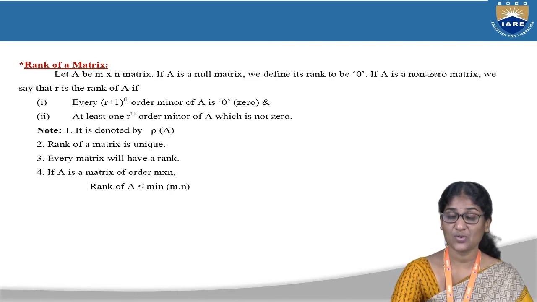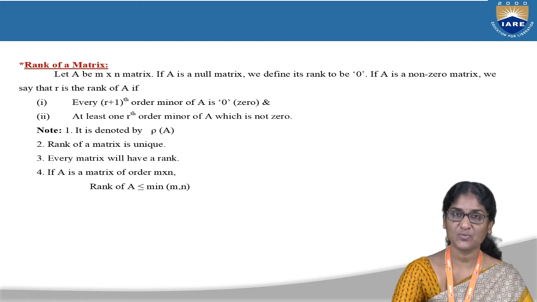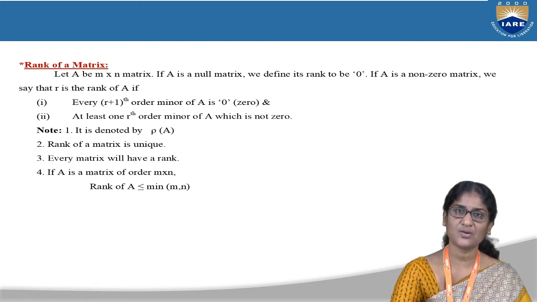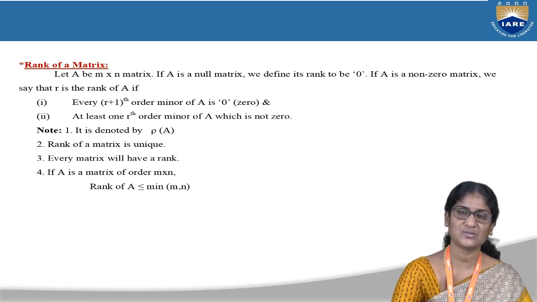Suppose capital A is a non-zero matrix, that means at least one of the elements is non-zero. Then we can call small r the rank of the matrix if the following two properties are satisfied.